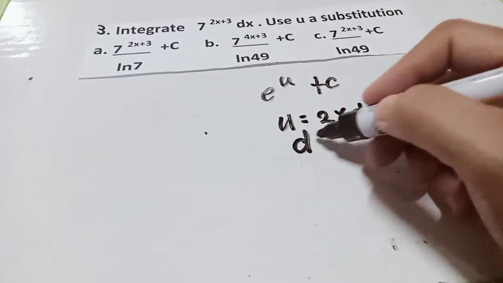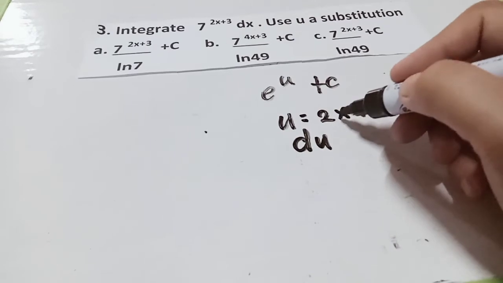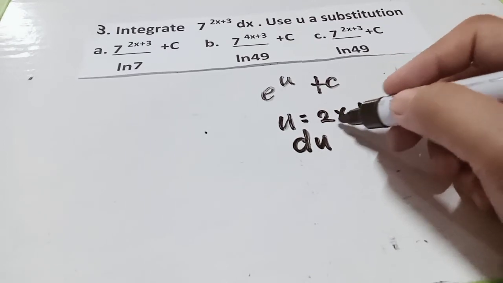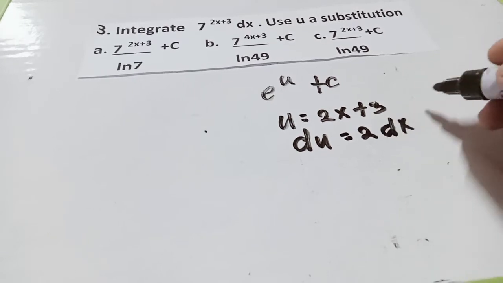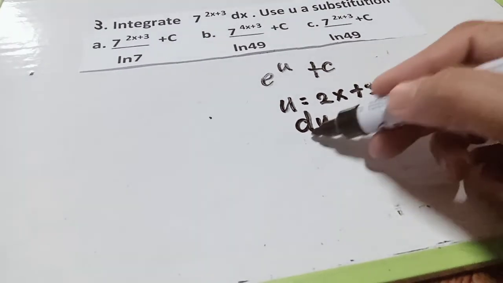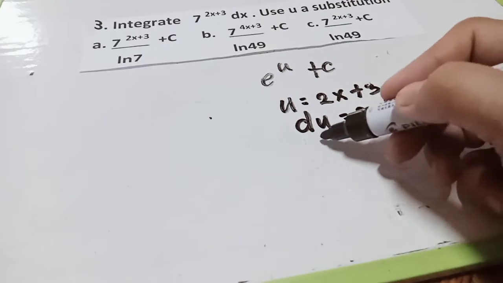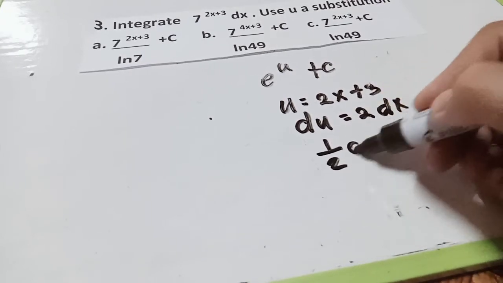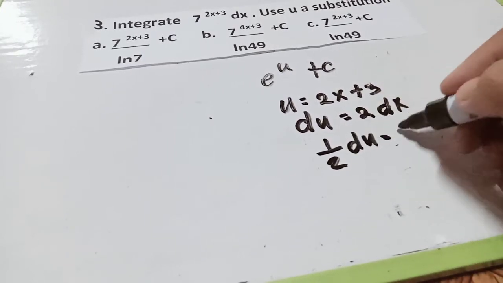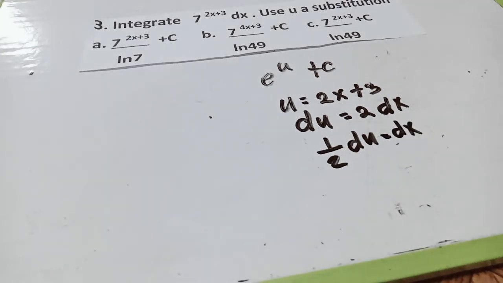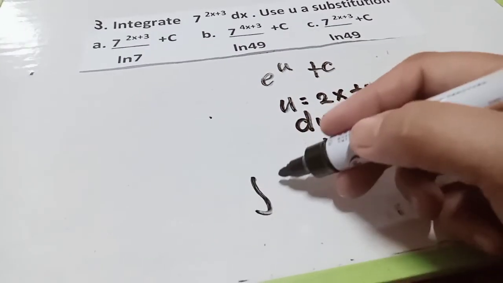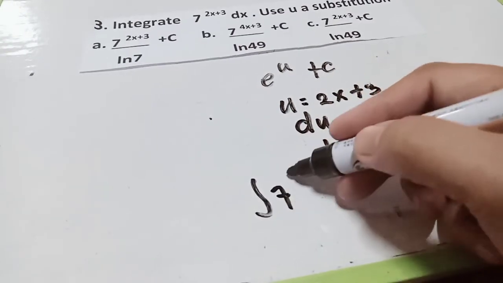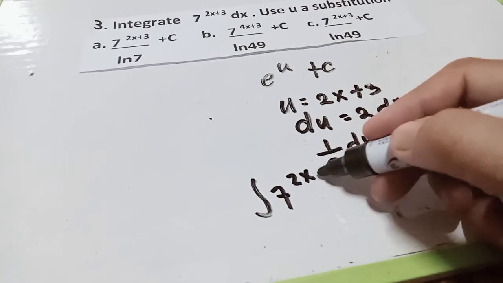And our du, we need the derivative of 2x, so this will become 2 dx. Then cross multiply, this will become 1/2 du equals dx. And then after that, we integrate also, take note, the integral of 7 e^(2x+3).